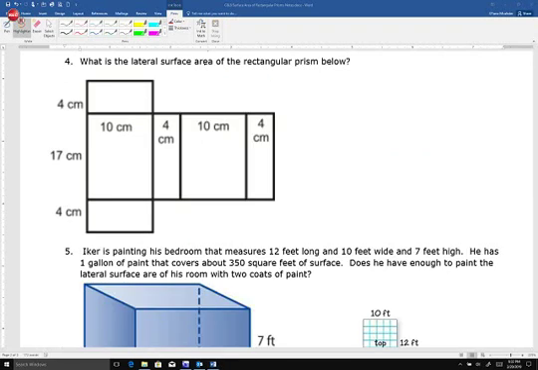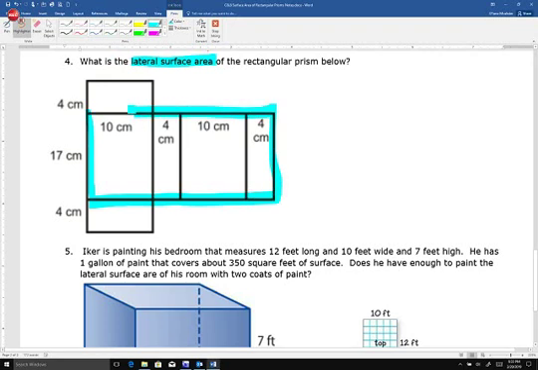Number 4 says, what is the lateral surface area of the rectangular prism below? So again, this one is asking for the lateral surface area. So I'm going to highlight the large rectangle in the center. And once again, it will usually have the bases labeled for you. But we do not need the bases because we're only looking for lateral. So find the length of the whole rectangle. 10 and 10 is 20, plus 4 and 4 is 8. So it's 28. And then the height of 17.